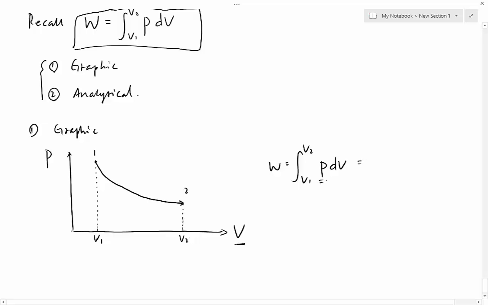What is pressure on my diagram? Pressure is height on my diagram. What is volume on my diagram? Volume is the length on my diagram. So pressure multiplied by volume, what is that on the diagram? Height multiplied by length. What is height multiplied by length? That is area.